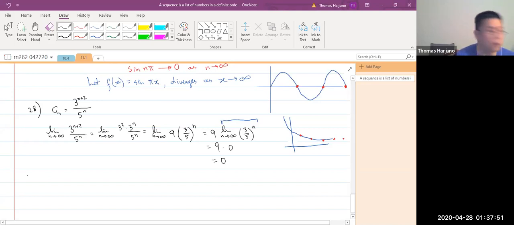There's one theorem in our textbook. I don't think they prove it, but they have the following. Actually, two theorems to mention, and we will use this very soon.